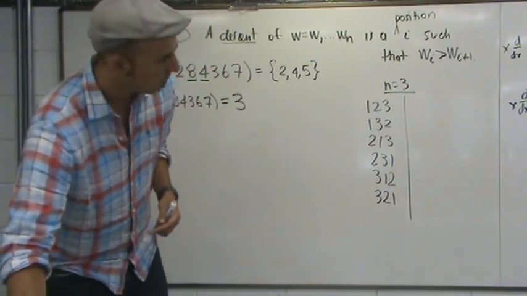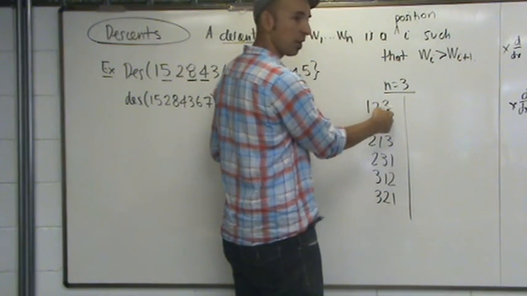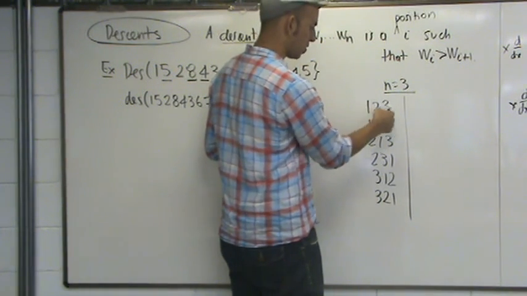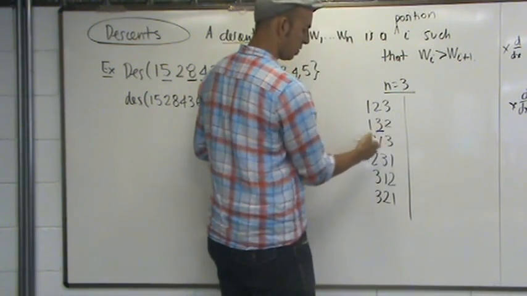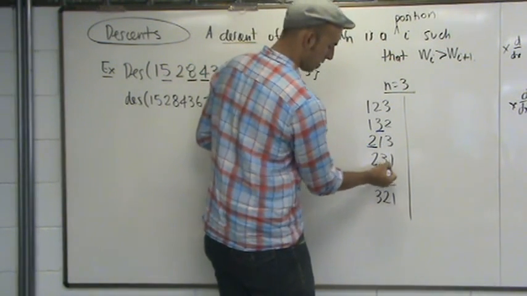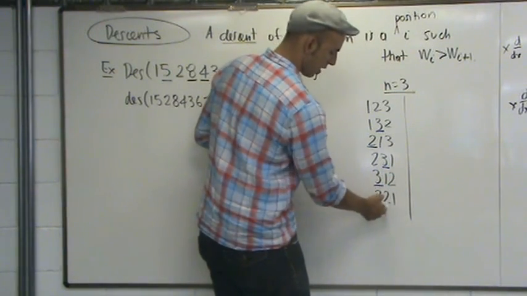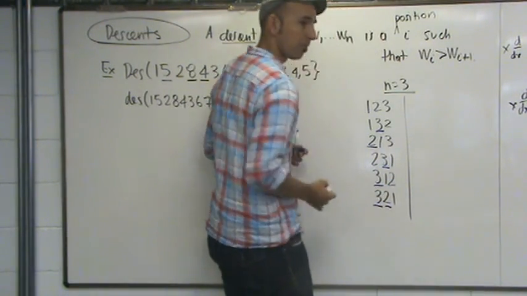So this is the permutations, and let's see how many descents they have. Okay? Maybe I'll use a different color. What descent do I have here? Nothing. Here it just goes up. Here it goes down from 3 to 2. Here it goes down from 2 to 1. Here 2, 3, 1, so it goes down here. 3, 1, 2, it goes down here. And 3, 2, 1, it goes down here and here.